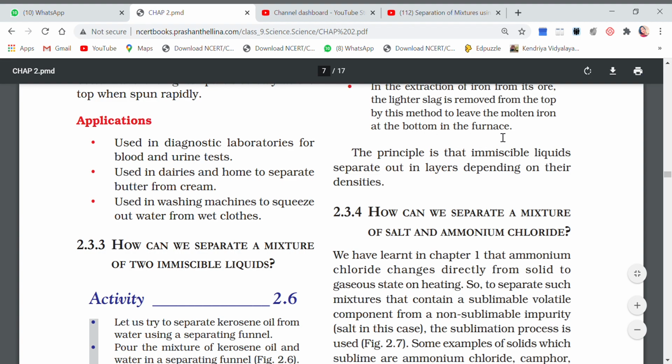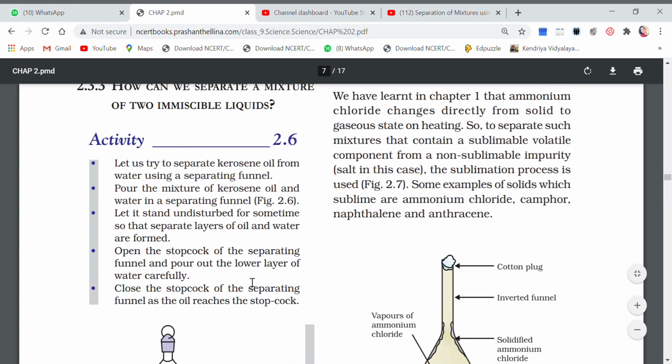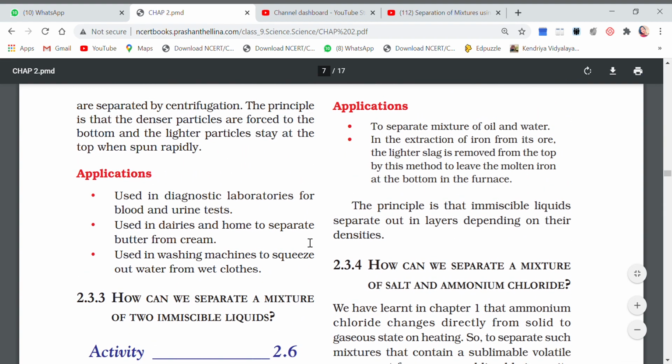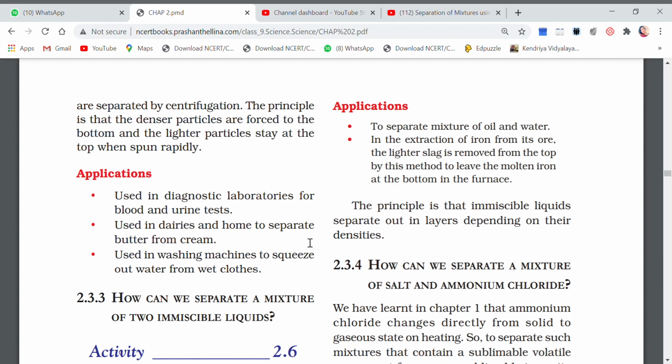So this is your question, and these 3 lines are your answer. So I have given you 4 questions from the topic immiscible liquids and separating funnel, and I hope I am clear with this third method of separation.